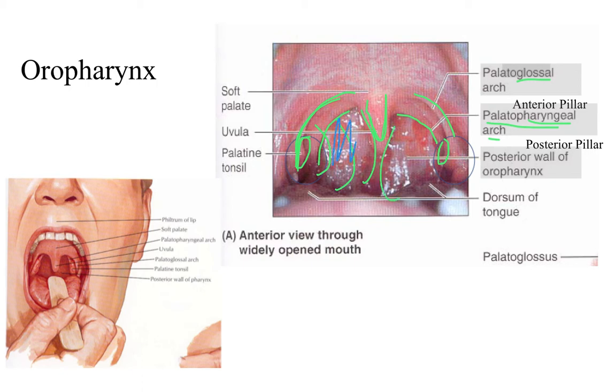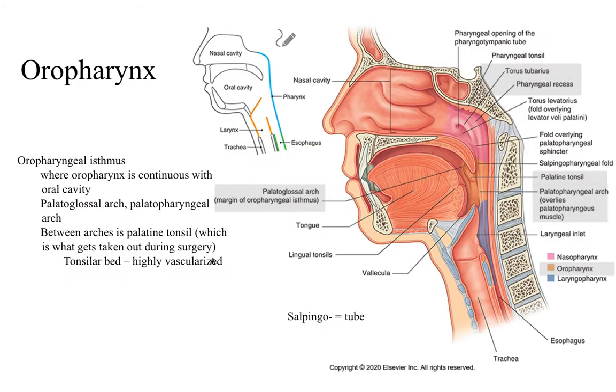And then what you see back here is the posterior wall of the oropharynx. So you're literally looking at the back wall of what you would commonly refer to as the throat, but specifically it's the oropharynx.